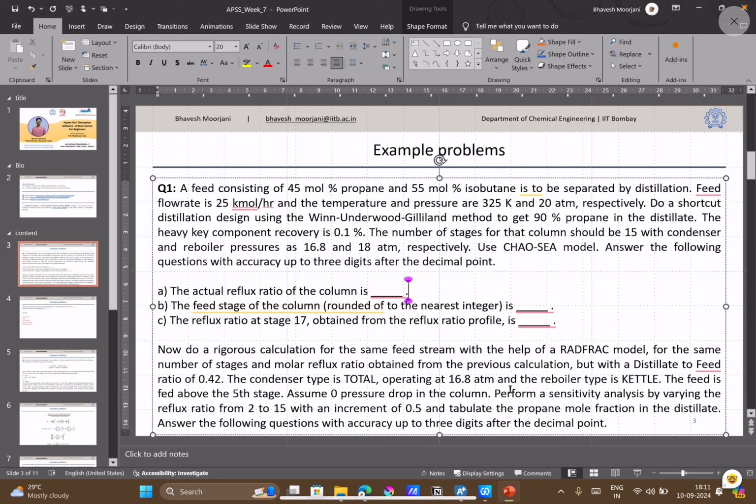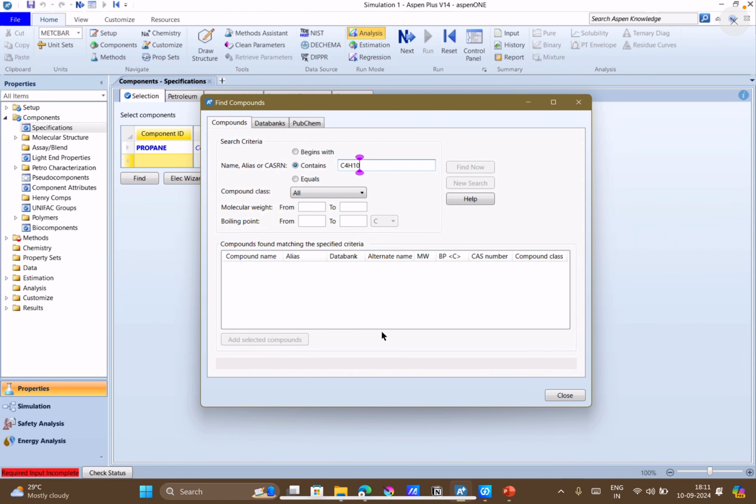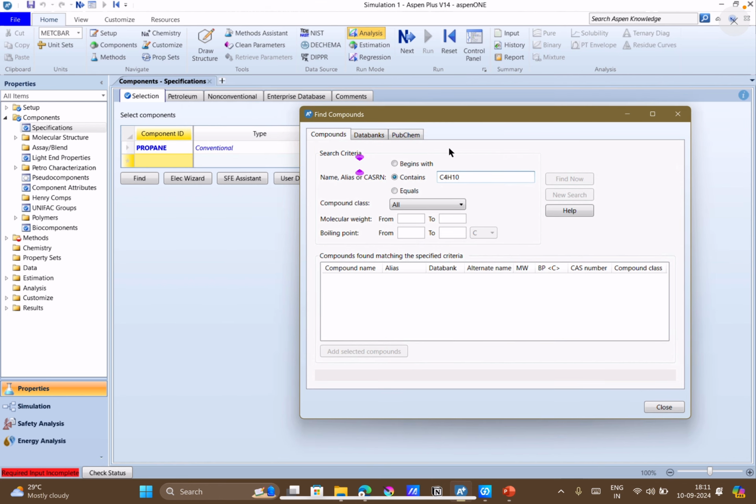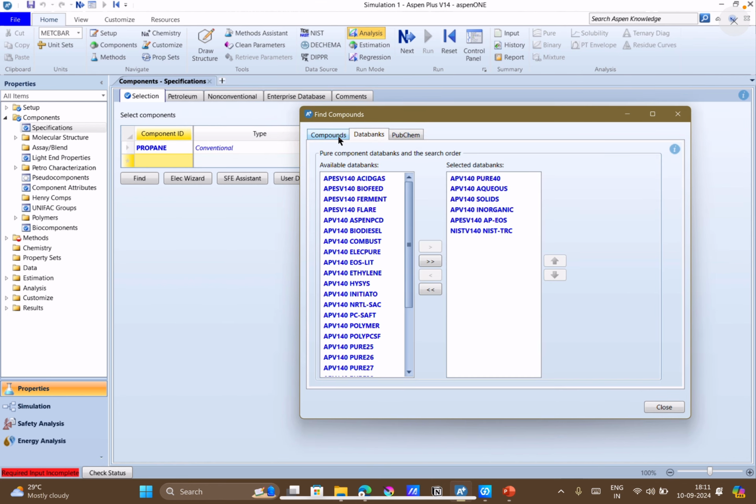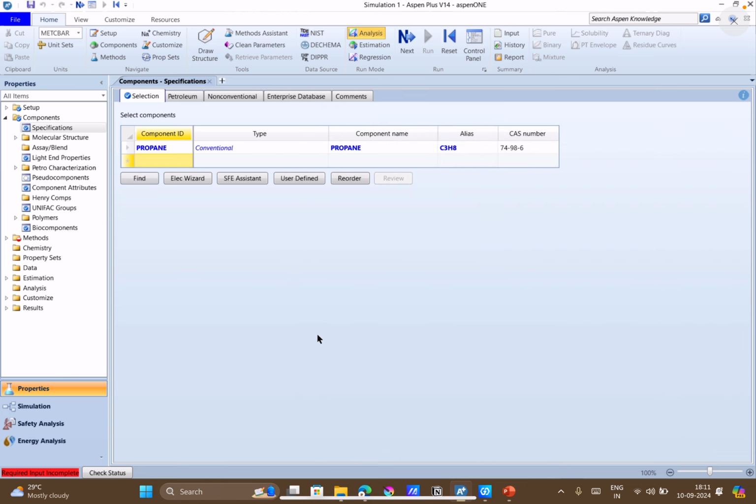Let it load. I find this issue with searching compounds. I don't know whether you are facing the same issue or not. Let me try C4H10.